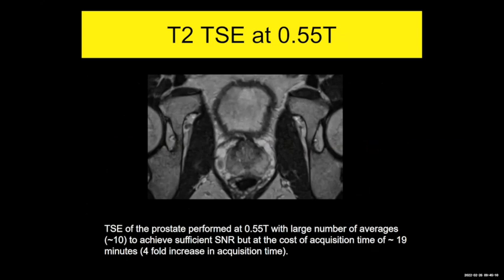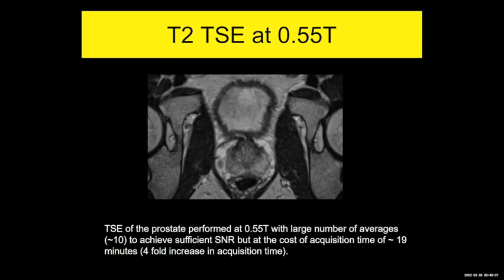So this is a T2 turbo spin echo, or TSE, imaging of the prostate. And basically this was performed at 0.55 Tesla, where we wanted to get image quality similar to a 1.5 Tesla acquisition. Our 1.5 Tesla acquisition we performed with 3 averages, or 3 NEX. Here, instead, we are acquiring over 10 averages to get sufficient SNR, as we would expect at 1.5.